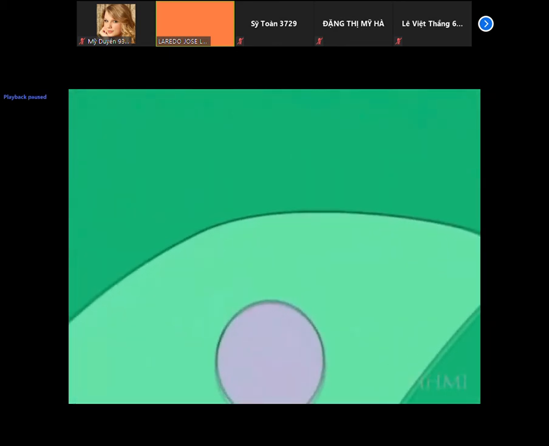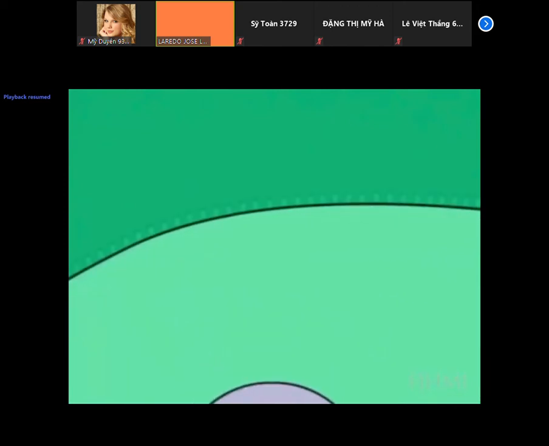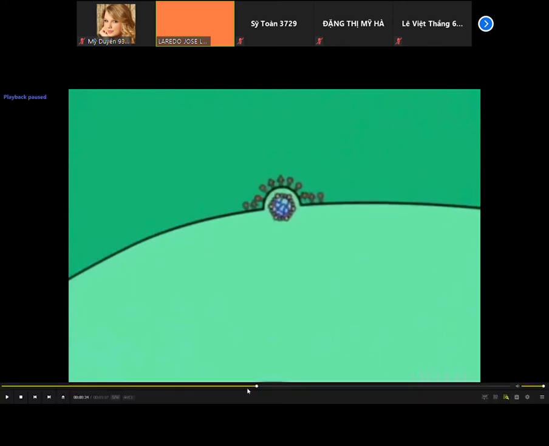So these cells have specific receptors in the cell membrane, and these specific receptors will bind the adhesins of the virion. This is the first step, attachment.